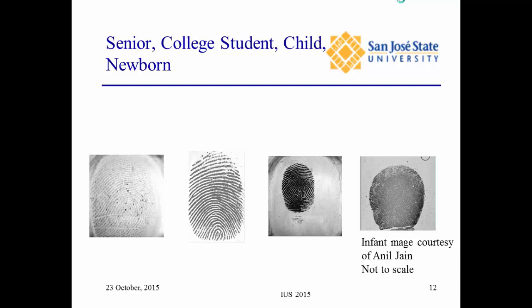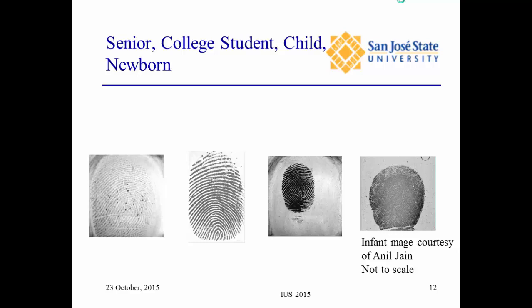On the far left is a senior citizen, and that's defined in this particular study that I did as anyone over 55. People over 55 had decidedly worse fingerprints than college students. And the next slide over is that of a college student, and the next slide over here is one of my children. I'm not exactly sure which one of my children that is.